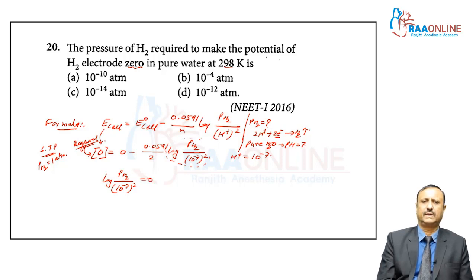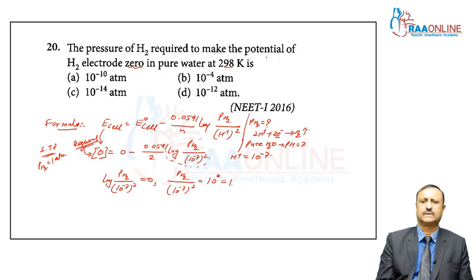So, when the log is replaced, you can place the anti-log of 0, and anti-log of 0 means 10 to the power 0, and when you put 10 to the power 0, that equals 1.